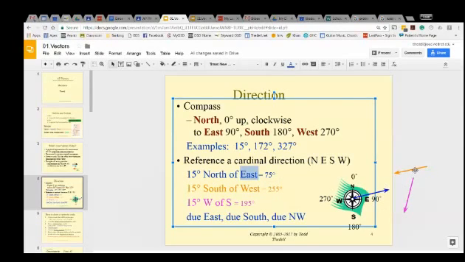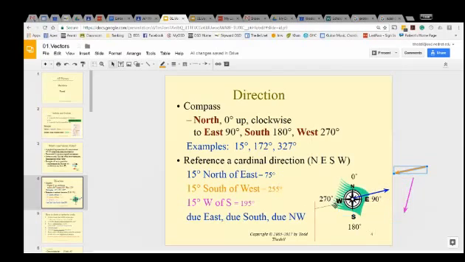15 degrees south of west would be one that goes off in that direction approximately, and it would be the same thing as 255 degrees if we went all the way clockwise from 0. And then 15 degrees west of south: south is our reference, we go towards the west 15 degrees, which also puts us at 195 degrees.